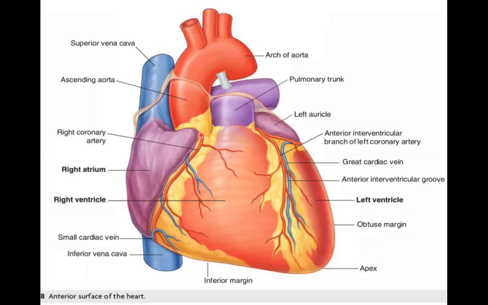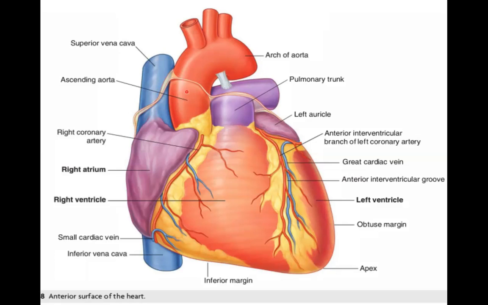And it ends, we can say the end of the ascending aorta is at the level of the manubrium, at the level of the sternal angle, and the beginning of the arch of aorta is at the level of the sternal angle, and the end of the arch of aorta is at the level of the sternal angle also.